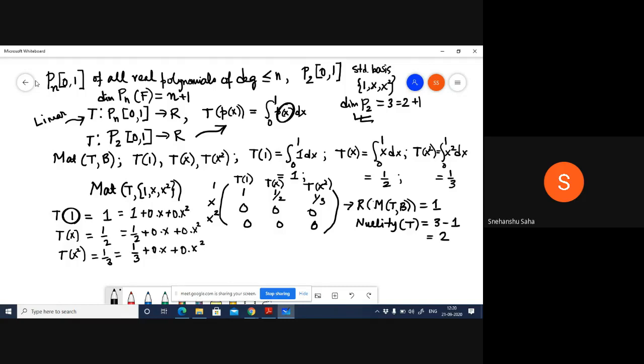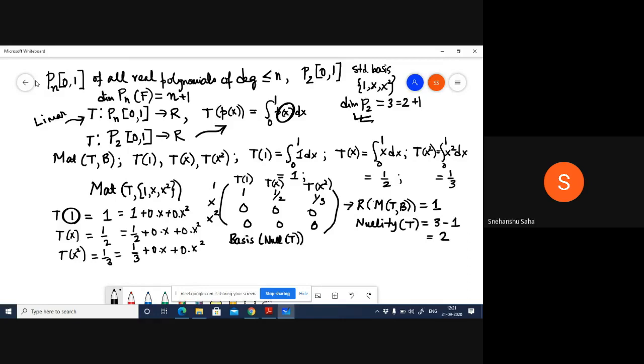Okay, and if you want to know a basis for the null space of T, that's also easy because you now have the matrix, right? So if we want to know the basis for the null space of T, we have the coefficient matrix.